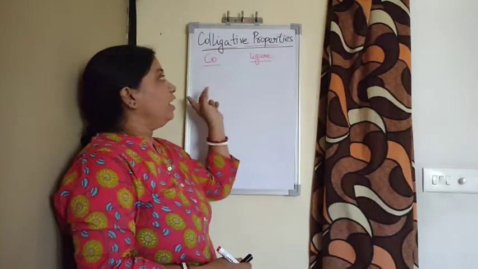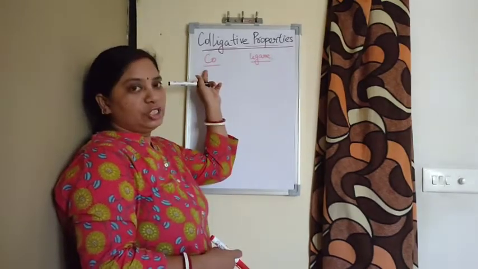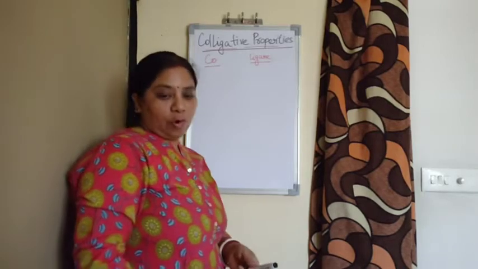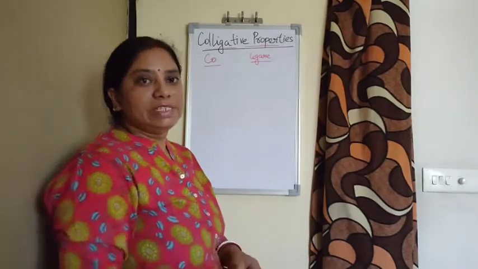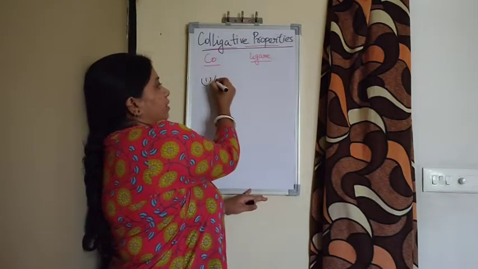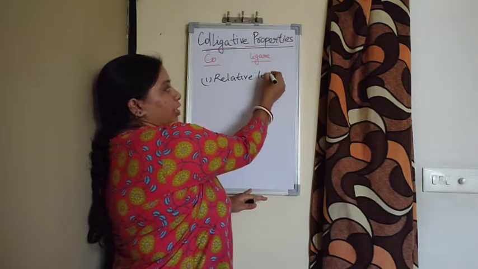Now this word colligative is a Latin word made from the word co, which means together, and ligar, which means to bind. There are 4 different properties in our syllabus which we have to study. These are: first, relative lowering of vapor pressure.